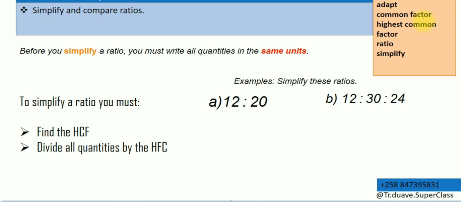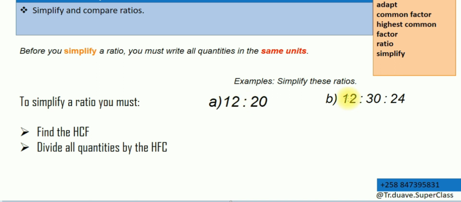Okay, so now let's work out this exercise here. We want to simplify this ratio. I just want to remind you that this is not a division sign. This is just a colon. So we use a colon to separate the quantities. And we read it 12 to 20.